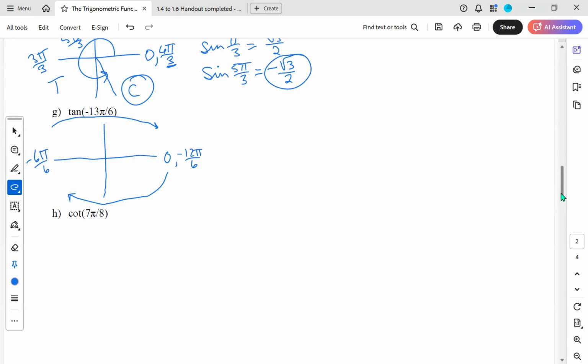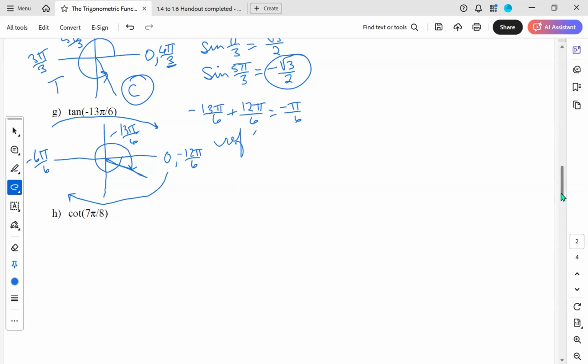So here I'm going to have negative 13 pi over 6 plus 12 pi over 6 tells me that it's negative pi over 6. So it's going to land right in here. But again, when I go around, I'm going to do one full rotation till I hit it. So this is my negative 13 pi over 6.